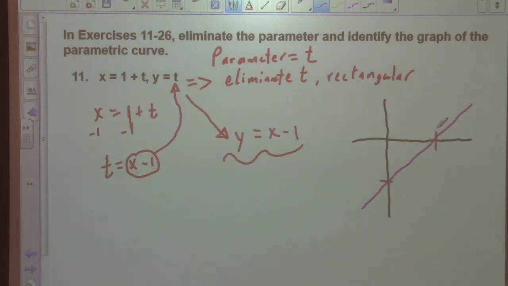And so that means we're going in this direction, right? So this is the direction we go in with time. So you eliminate the parameter, but now you have direction on the two-dimensional graph, don't you? With time. So that's number 11.